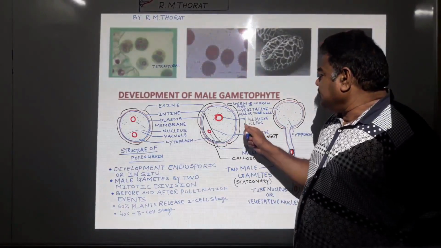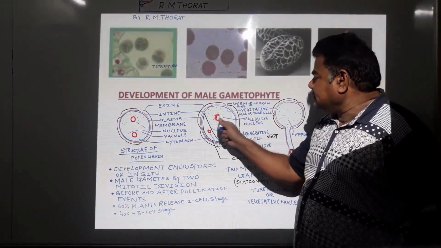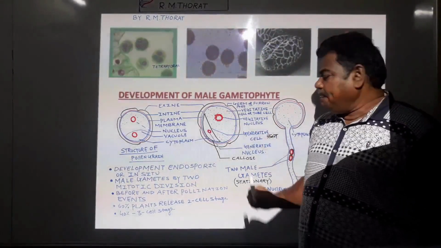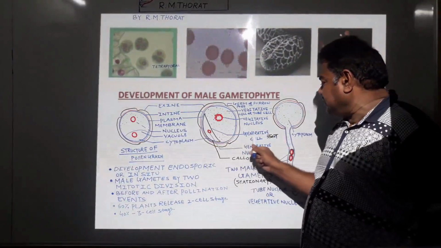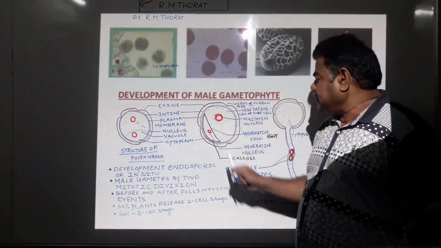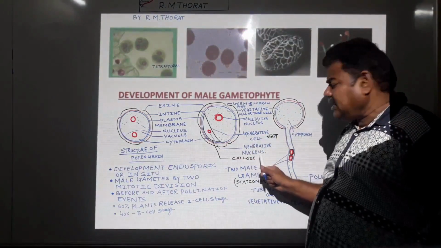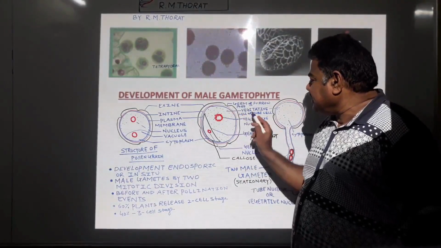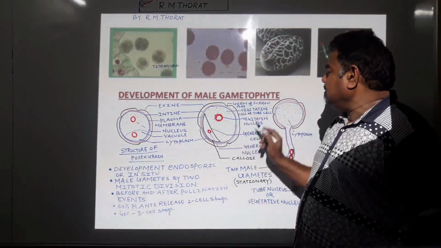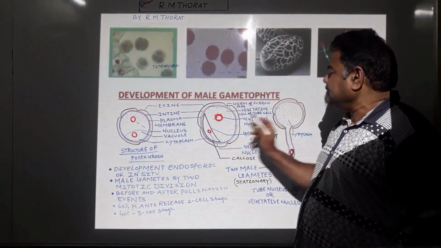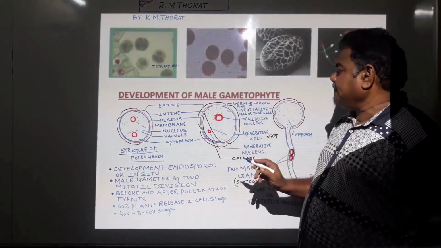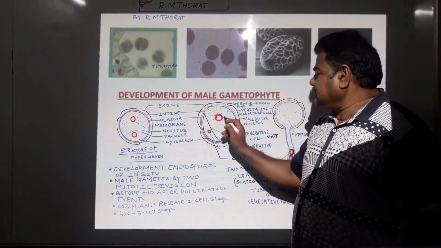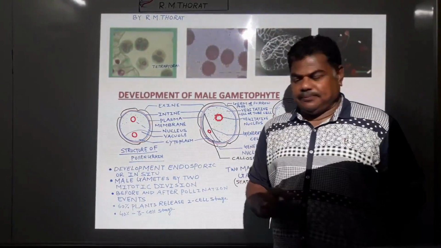In the vegetative cell or tube cell, the nucleus that is present we call the vegetative nucleus. In the generative cell, the nucleus that is present we call the generative nucleus. The nucleus in the bigger vegetative cell is irregular in shape.